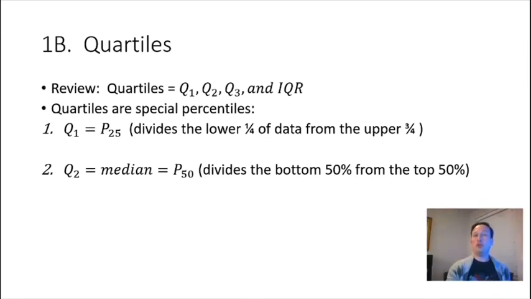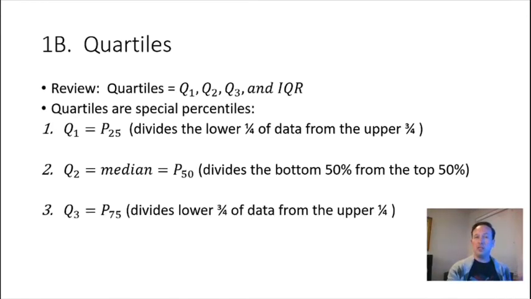And of course, Q3 divides the lower 3/4 of the data from the upper 1/4. We call that the 75th percentile because 3/4 is 75%, just like 1/4, Q1, is 25%.